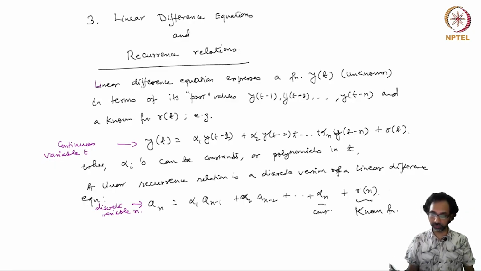So this is the only difference between a linear difference equation and a linear recurrence relation, and they are very closely related, because if we are given a linear recurrence relation, we can always turn it into a linear difference equation. So we will see an example. Let's see how the Laplace transform can be used to solve such equations.